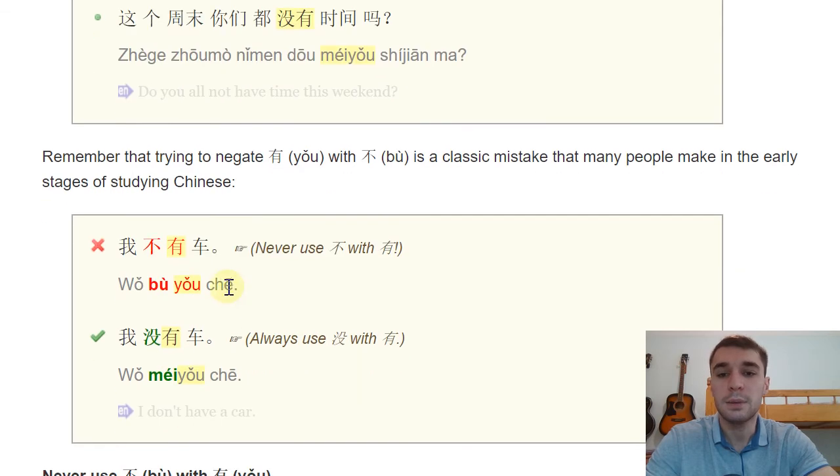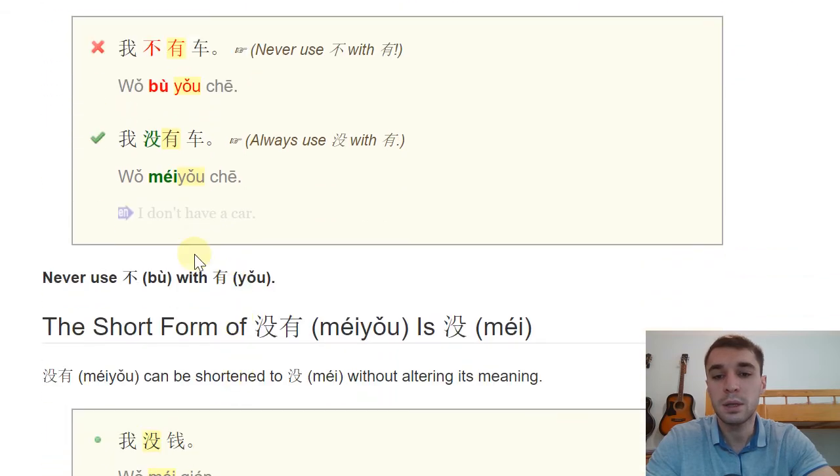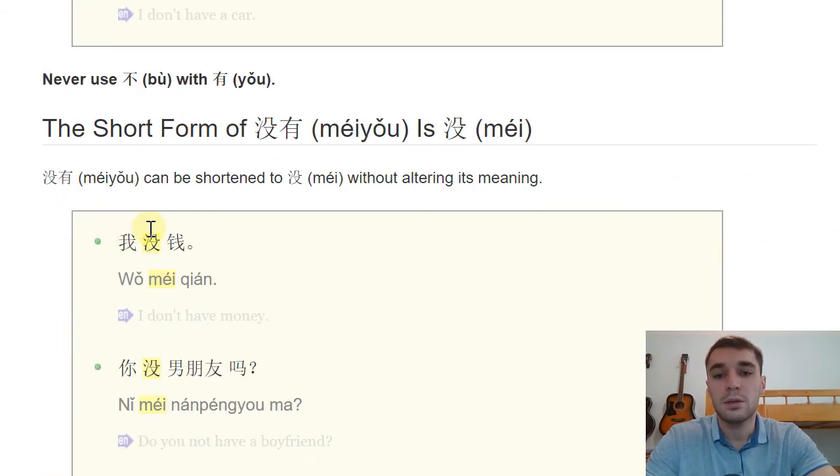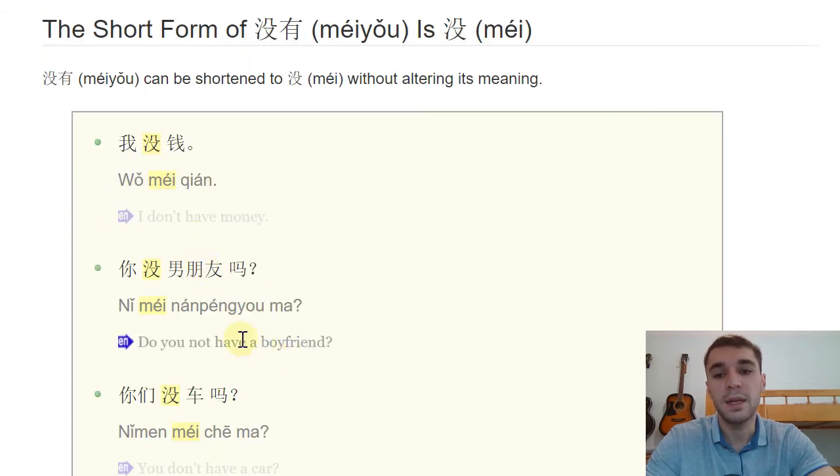Remember that trying to negate 有 with 不 is a classic mistake that many people make in the early stages of studying Chinese. So don't say 我不有车. You should say 我没有车. I think you got it. Or you can just say 我没车. That's okay too. The short form of 没有 is 没. For example, 我没钱, I don't have money. 你没男朋友吗?